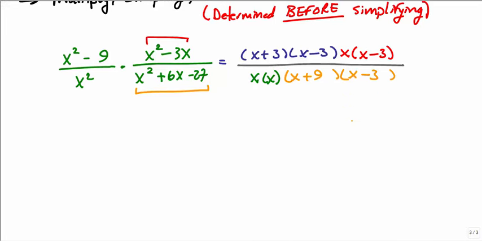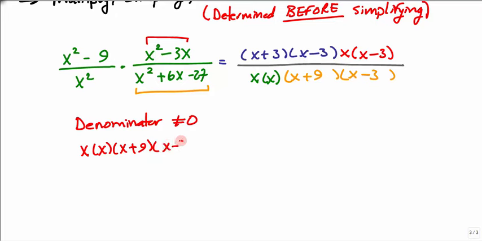Now this is my factored version, and because of that, this is where I determine what my domain restrictions are. So remember, the denominator cannot equal 0. So our denominator in this case, x times x plus 9 times x minus 3, cannot equal 0.